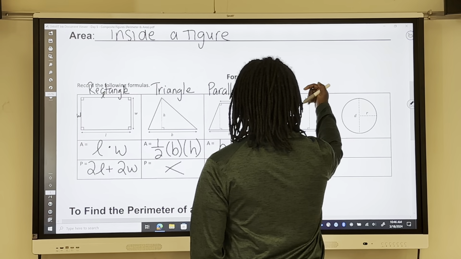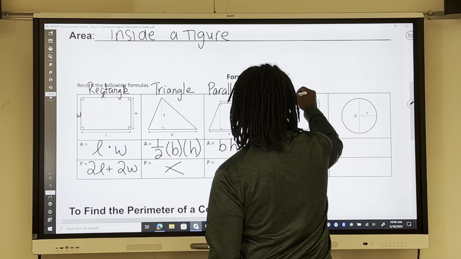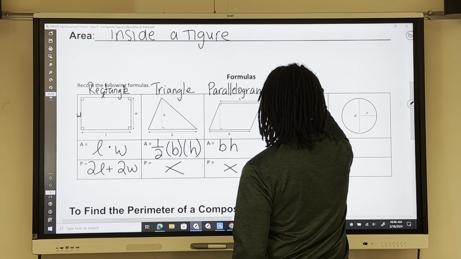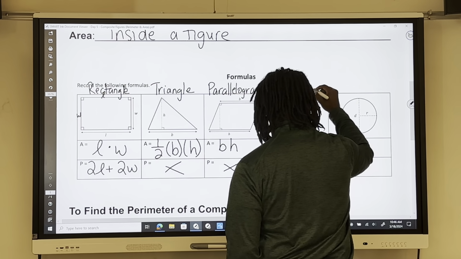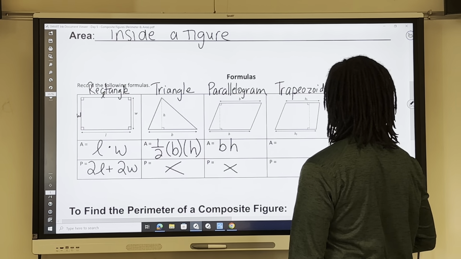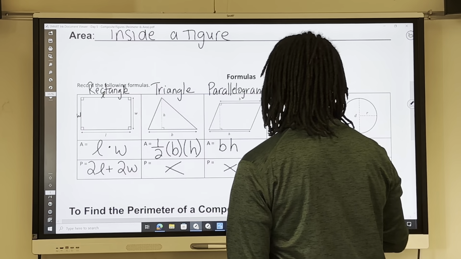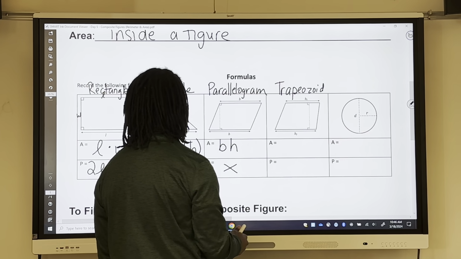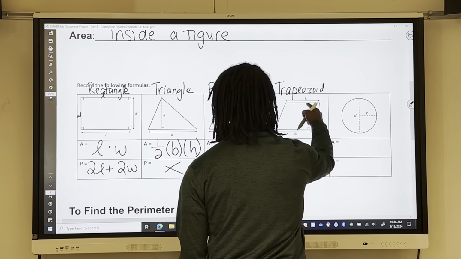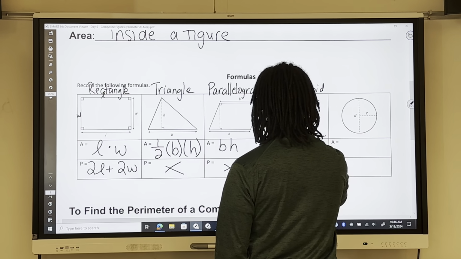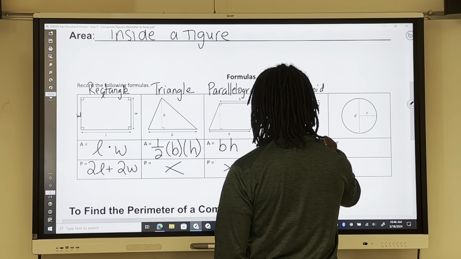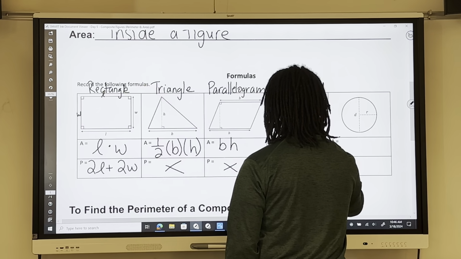For a trapezoid, now trapezoid is different. The formula for a trapezoid is 1/2 times the height, and then times base 1 plus base 2.